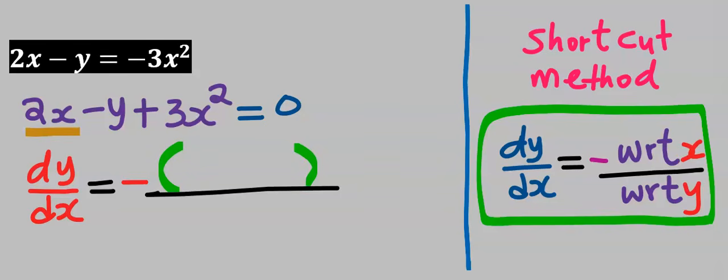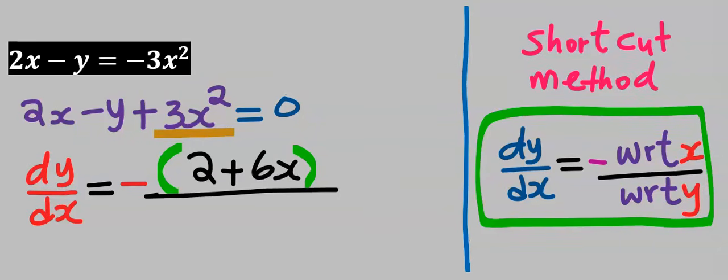Let's differentiate 2x, and our answer is 2. Next, minus y got no x, hence I'm going to ignore it this time around for the numerator. Next, differentiate 3x squared, and our answer is 6x. Next, at the denominator, we'll respect y only.